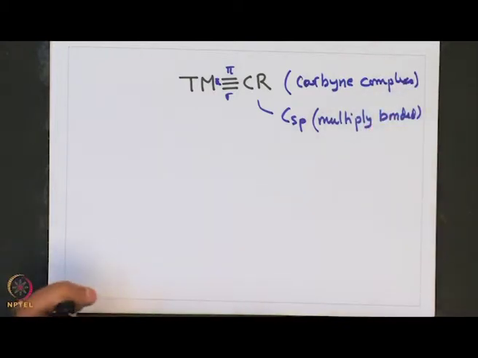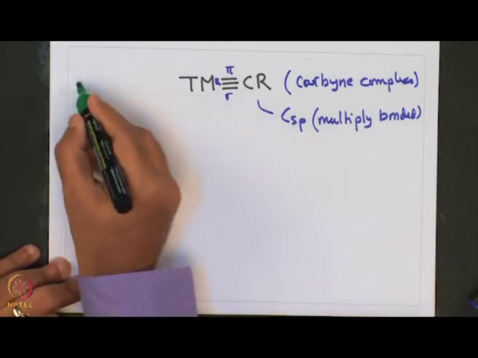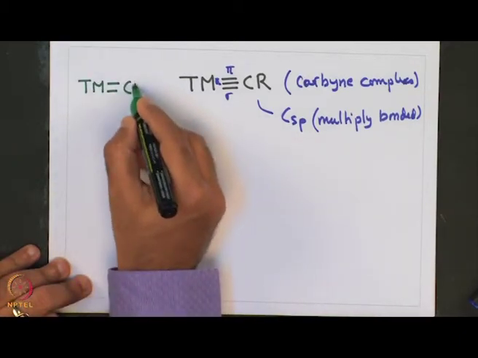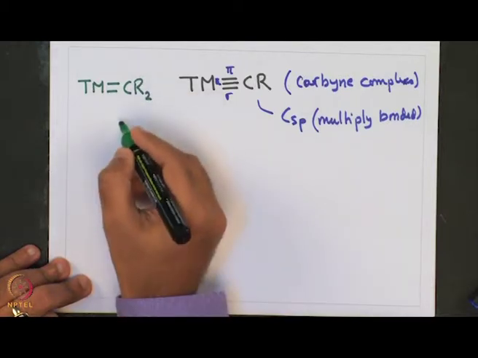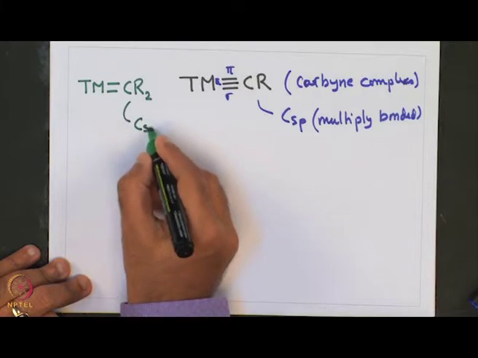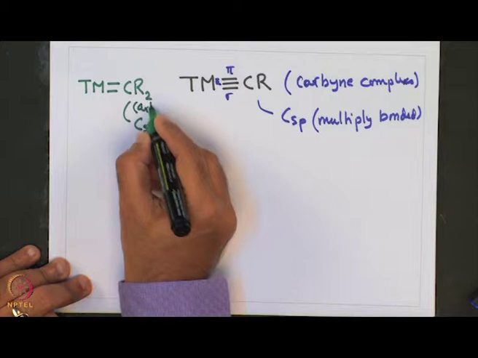Now, carbyne complexes are sort of an extension of transition metal carbene complexes, which we had discussed in our earlier lecture, where the transition metal is bonded to a carbene moiety and where the carbon is sp2 hybridized, and these are called carbene complexes.